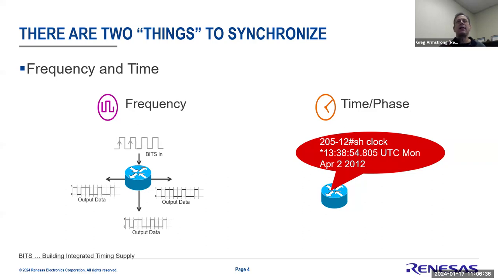And so that's where phase and time comes in, where typically they're identifying a lower rate type interval, like a framing interval used commonly in telecom, like an 8 kilohertz signal. When we look at multiple types of frequencies, we might even divide that down even further to a 1 hertz signal, which some people refer to as a pulse per second.